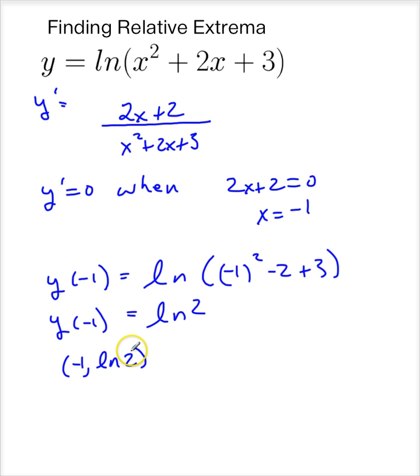Now, is this a max or a min? Well, let's look. We can do a number of things here. We could do the second derivative test or the first derivative test. If we use the first derivative test and we look at y prime, we see that this goes from negative to positive, so this is a minimum.